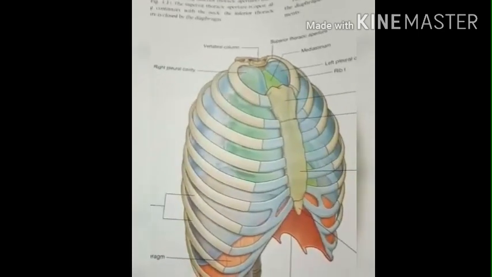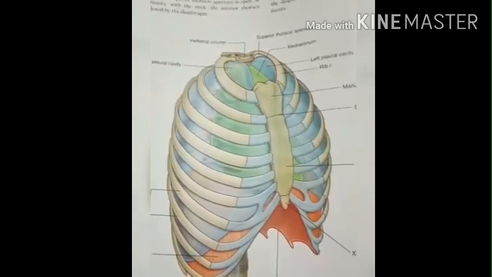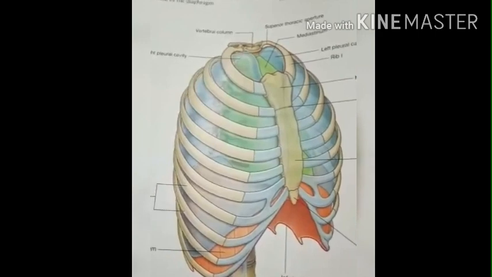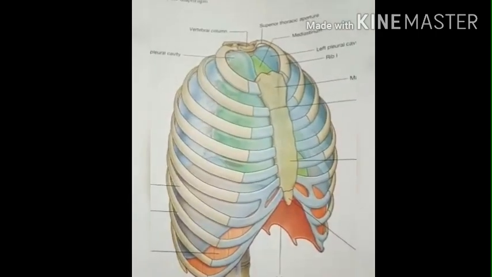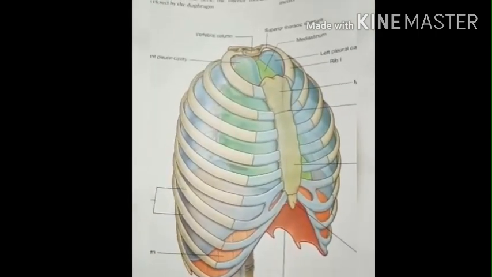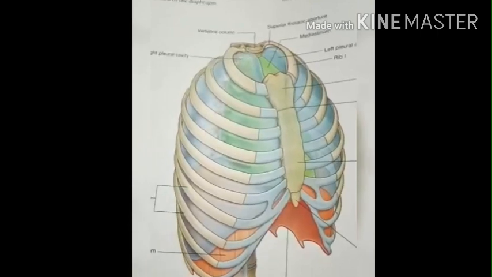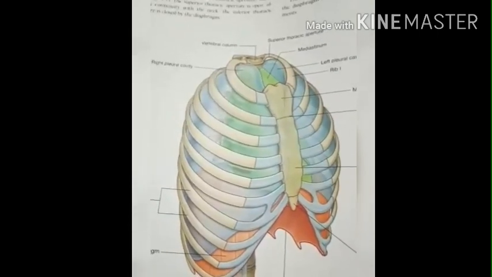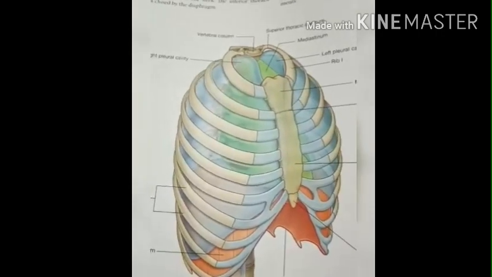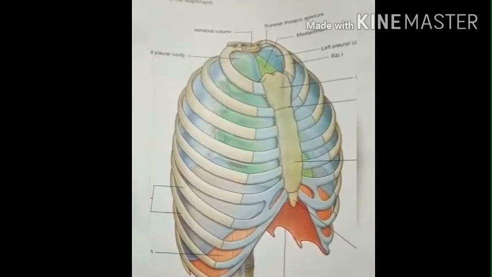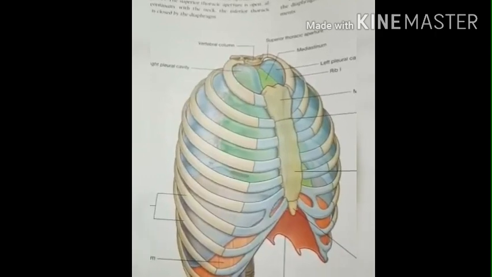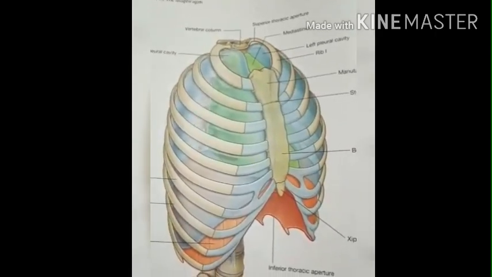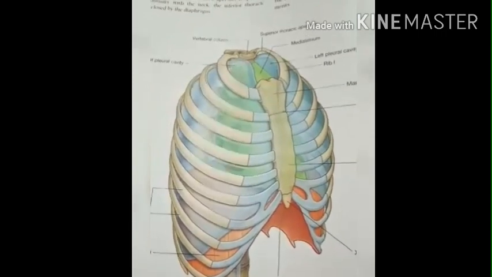Another function of the thorax is the protection of the vital organs. It contains many important organs, that is the lungs, the heart, and the major vessels, without which life won't be possible. Also, there are many structures which pass through this cavity and enter other cavities like the abdominal area, like the aorta.